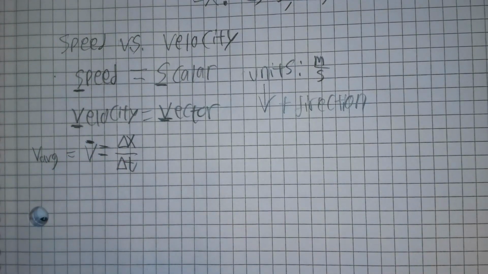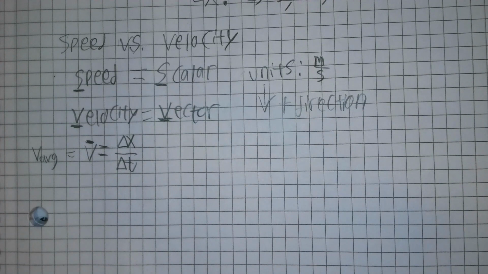Delta x over delta t. Delta always means change in, just as a reminder. And here we are just going to deal with this in one dimension. We'll talk about 3 dimensions, 2 dimensions, however many dimensions you want in a moment. But for now, I'm just going to focus on the x direction, one dimension.